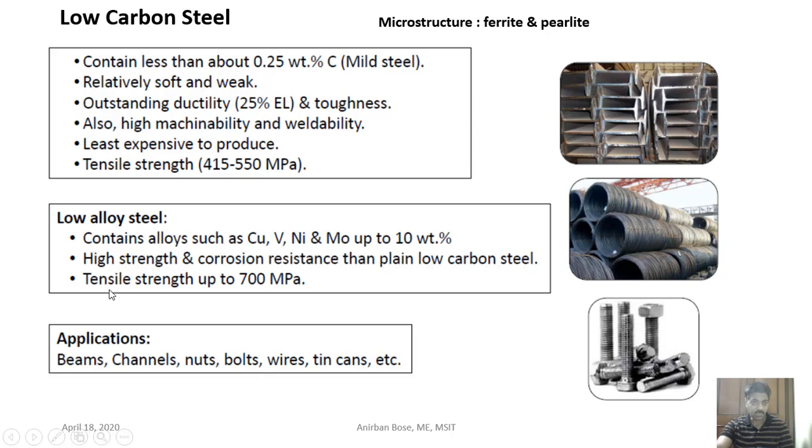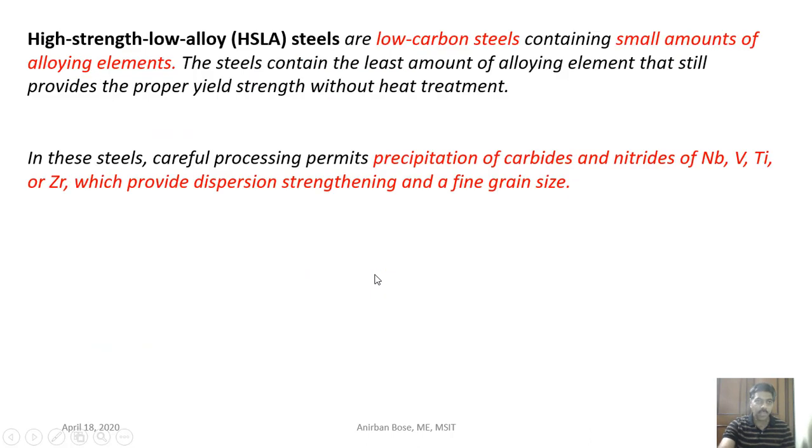Tensile strength can go up to 700 megapascal because you have added these alloying elements, so the strength will improve. Its applications are beams, channels, nuts and bolts, wires, tin cans, etc.